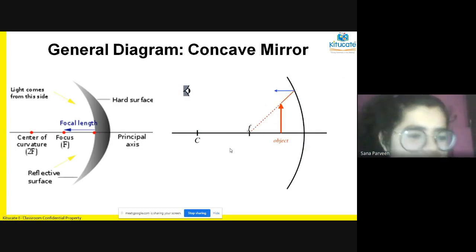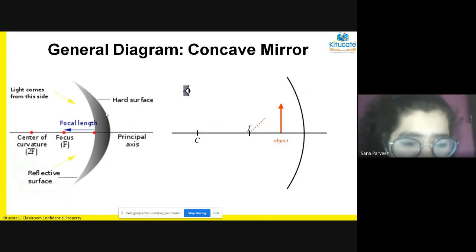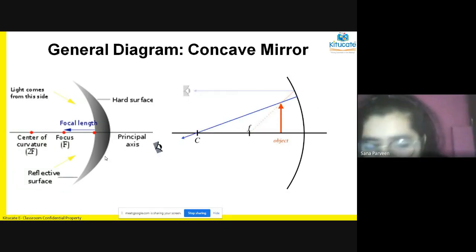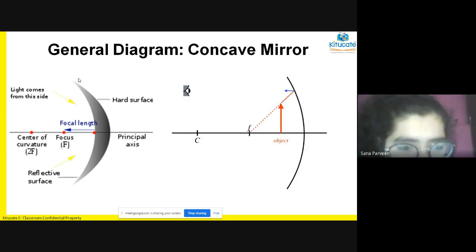If we see, the light comes from one side, from this side, and this is a reflecting surface. What is the reflecting surface here? This inside portion is the reflecting surface, the hard surface which we have painted so that the light gets reflected. We saw yesterday what we use for painting the surface: a silver coating.